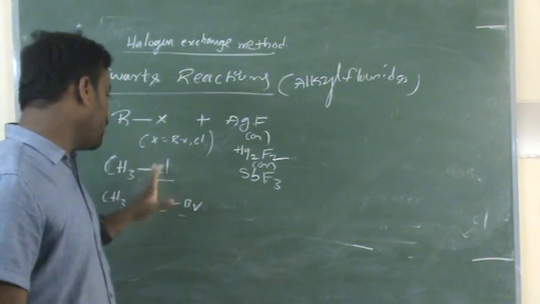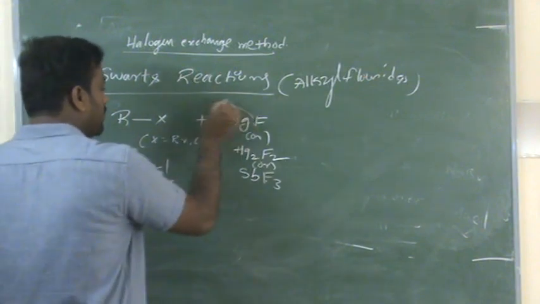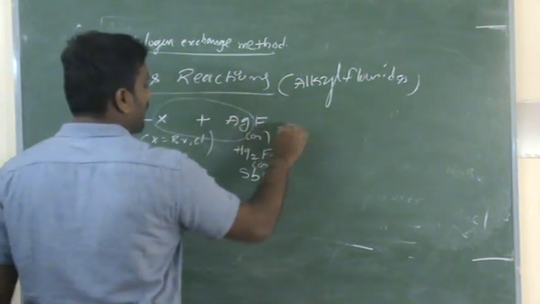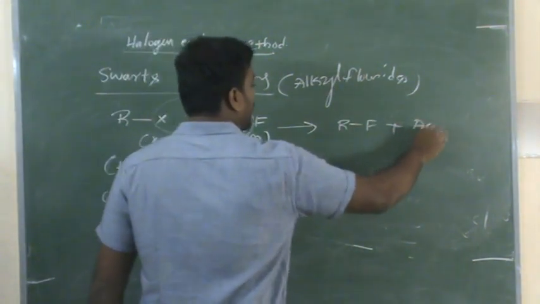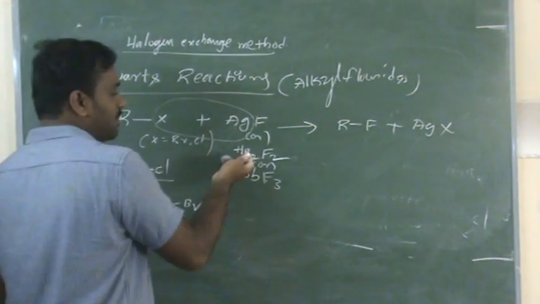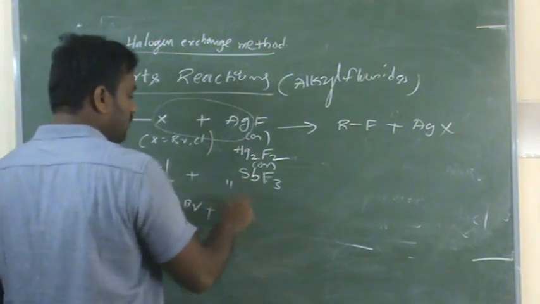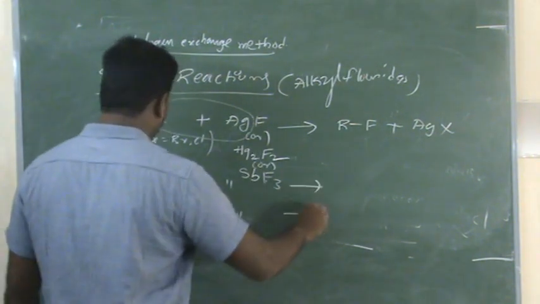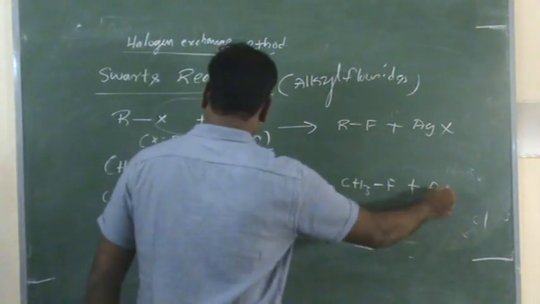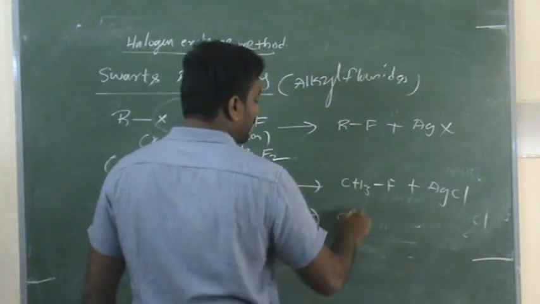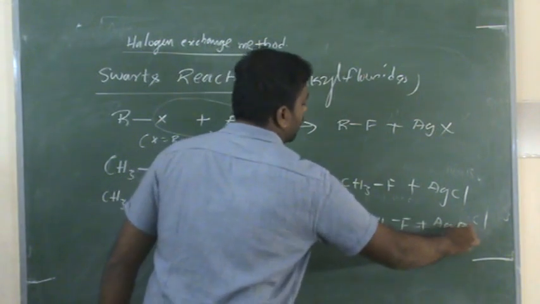When alkyl chloride or alkyl bromide reacts with a metal fluoride, there is a simple removal of AgX, and then there is formation of RF plus AgX. You can also use Hg2F2 or SbF3, the same way with these reagents. Then we get CH3F plus AgCl, and here also we get CH3CH2F plus AgBr.